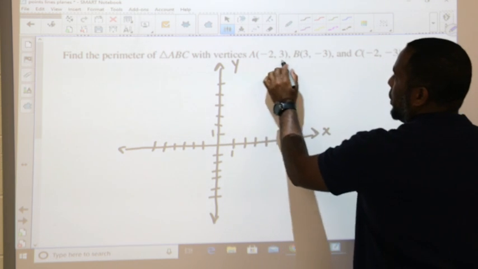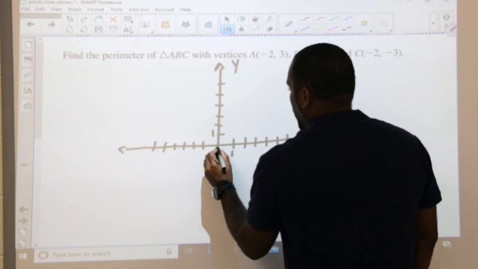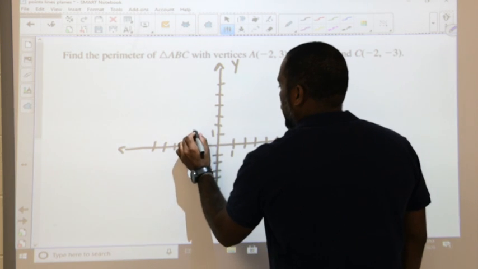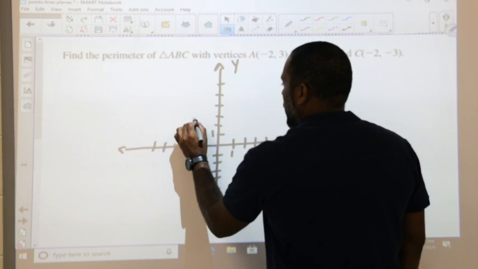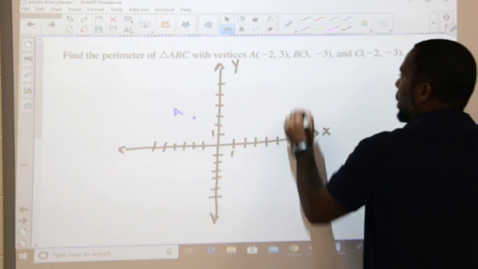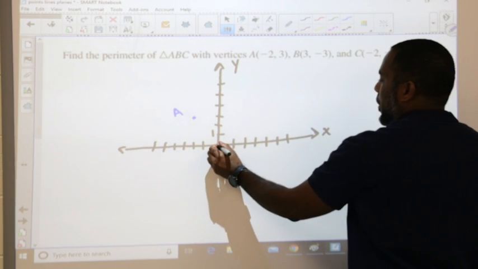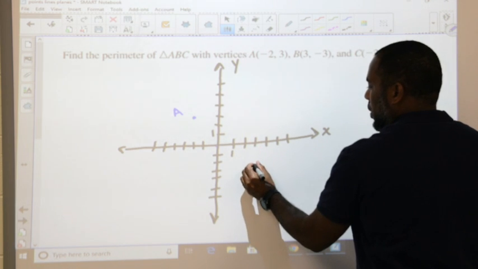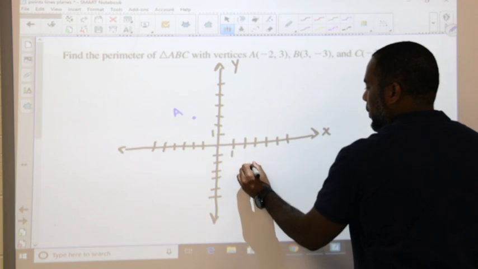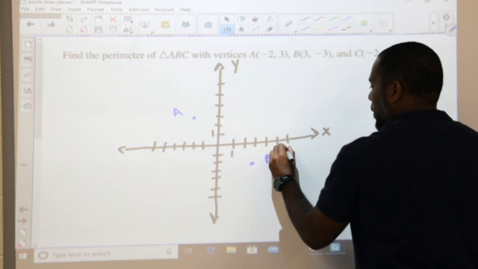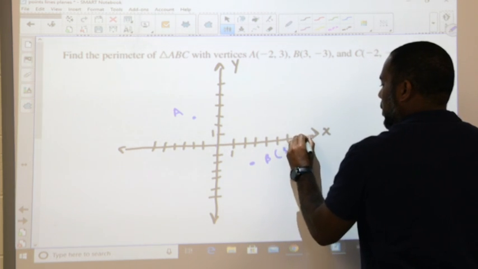So here, negative 2 comma 3. Negative 2 is in the x, 1, 2, and then positive 3, 1, 2, 3. This is point A. The next point is at 3 comma negative 3, so 1, 2, 3, 1, 2, negative 3. Here is point B at 3 comma negative 3.